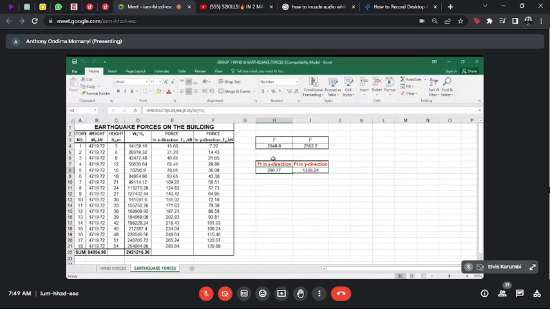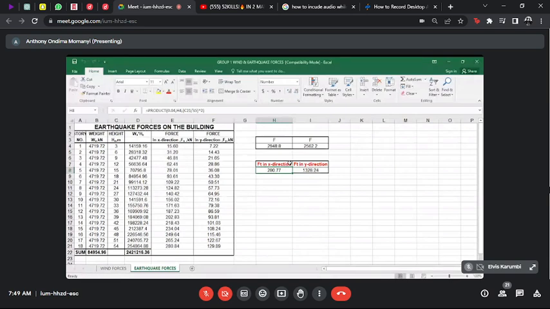Now we are considering the x direction. The total plan dimension was 35, and the whole of that is squared. So we have found the total earthquake force in both directions and the forces in the top stories.